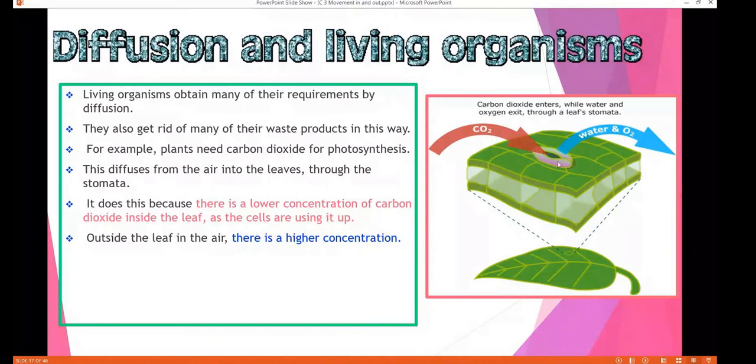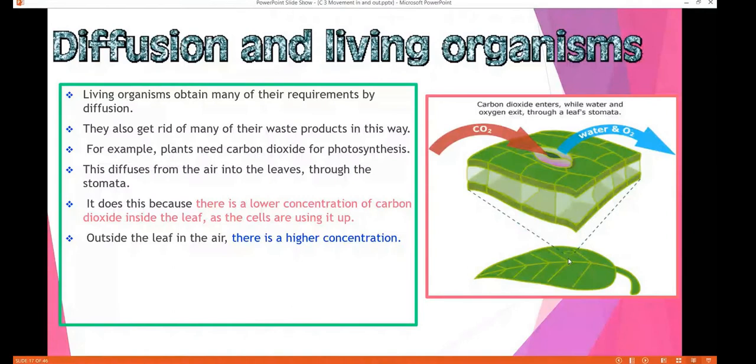Both the exchange of gases takes place, be it the taking up of carbon dioxide from the outside atmosphere for photosynthesis, and also the removal of water and oxygen, through the stomata which are present on the surface of the leaf.